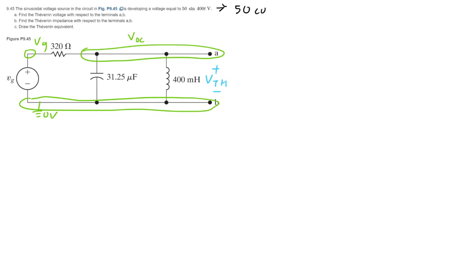So 50 cosine 400 T minus 90 degrees. Once again, you can do that because sine and cosine are orthogonal to each other, so the phase would be 90 degrees. Anyway, we also have to calculate the impedances, and we're going to use them to find out the voltage drop across them.